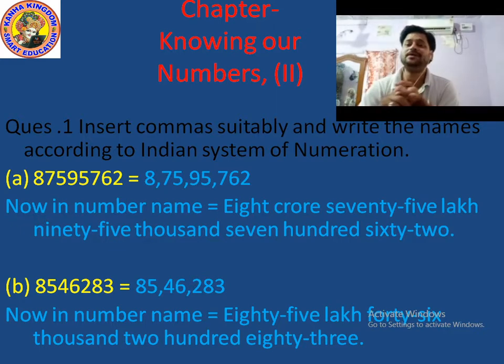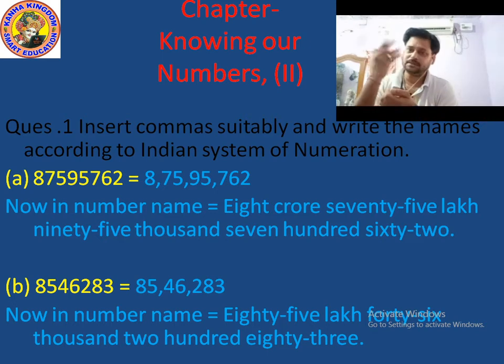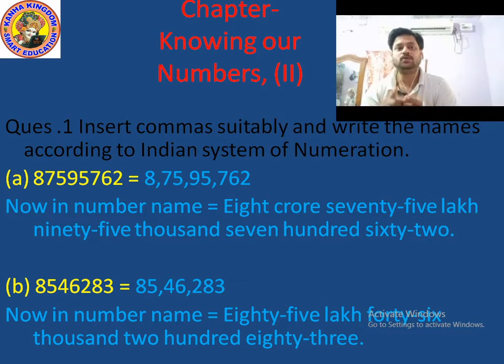So 85 is in which period? 85 is in the lakhs period, and before the lakhs period is the thousands period. So which two digits are in the thousands period? 46 is in the thousands period, and before the thousands period is the ones period. So which three digits are in the ones period? 283, which means 283 is in the ones period.